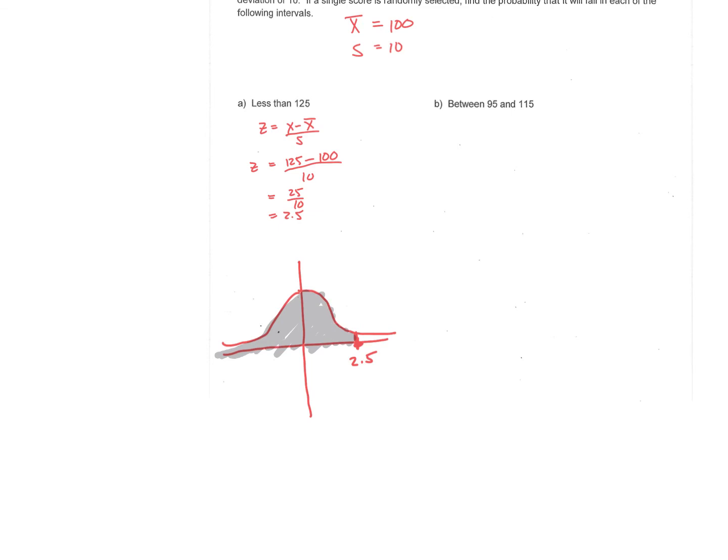So figuring out that total area, then from the center here to the left, that's all 0.5. That's half of the whole. Then figuring out the other portion, I could look up 2.5 on the table. So 2.5 on the table is 0.4938.